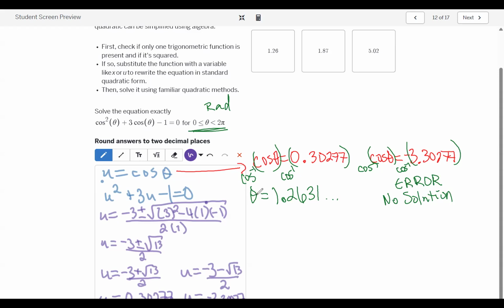But this 1.26 we got here actually does have another answer hidden inside of it. Remember, our inverse trig functions are range restricted. They can only spit out certain numbers. So I have to think about where this angle is and where the other angle that would have the same cosine would be on the unit circle.